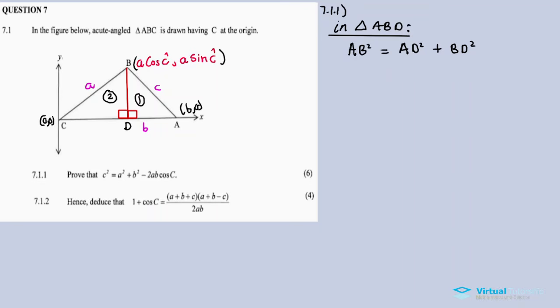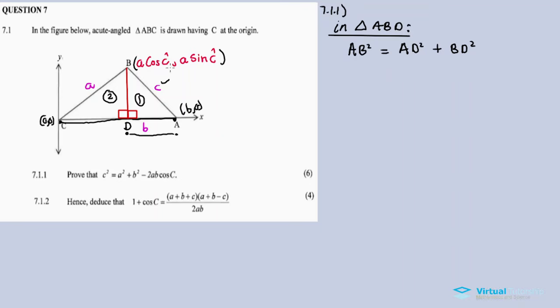You see A, and then C. I don't have the length from A to D, but I do have the length from A to C. Now in order to find AD, I need the length of CD, so that I can calculate the length of DA.